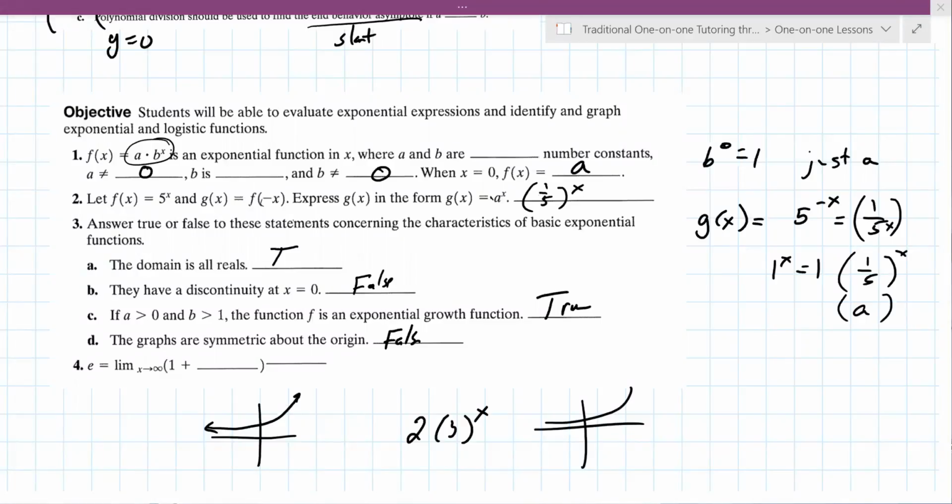All right, so then the limit as x goes to infinity, what do they want there? So like one, it's just infinity. Let me see if there's more to it here.